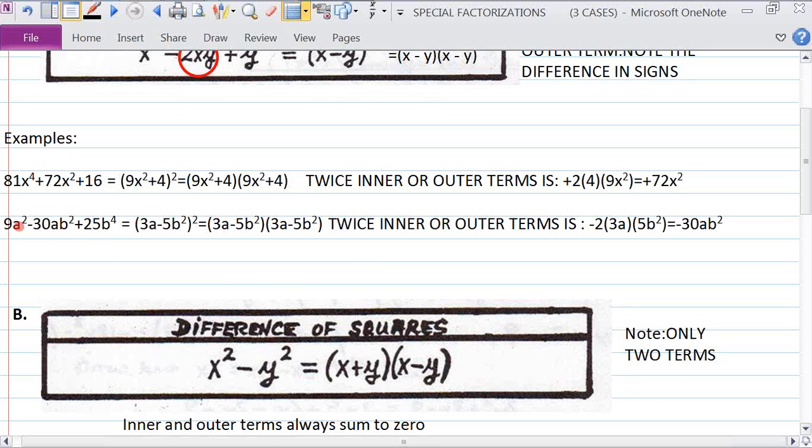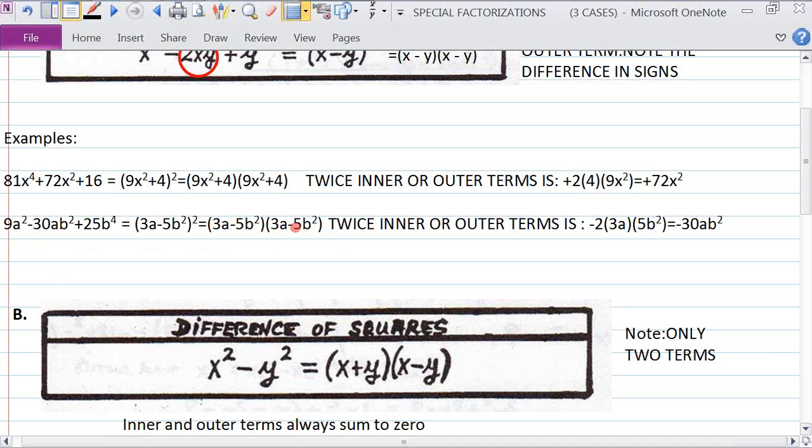In this case, if I take 9a squared minus 30ab squared plus 25b to the 4th, this is 3a minus 5b squared, brackets, all squared. So I'm multiplying 3a minus 5b squared by itself. Now, the first times the first gives me the 9a squared.